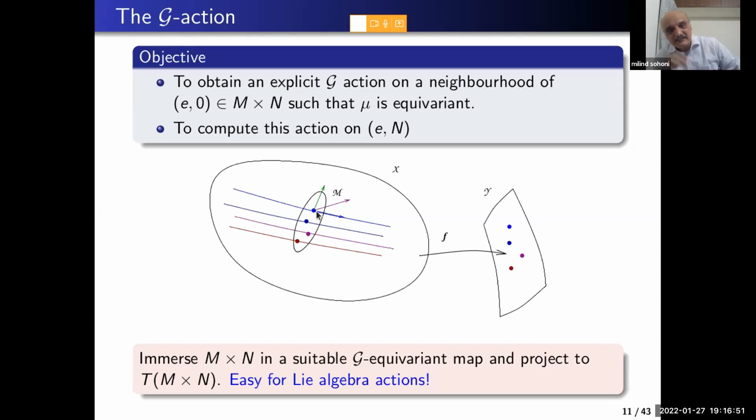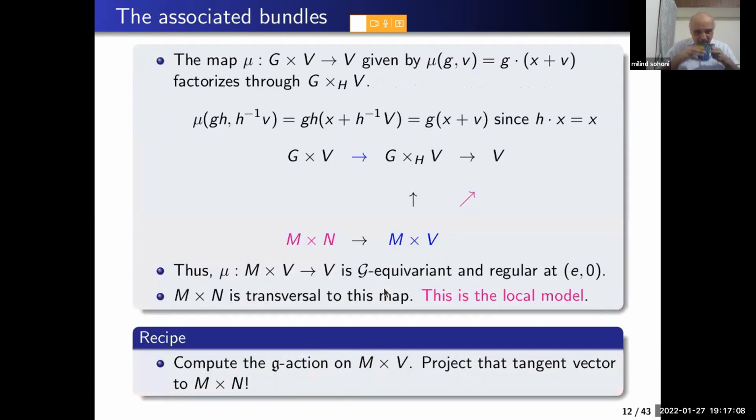So the Lie algebra quotient can be constructed very easily just by taking transversals to a fiber map, which is really what allows us to put a Lie algebra action on M cross N. So here is the map.